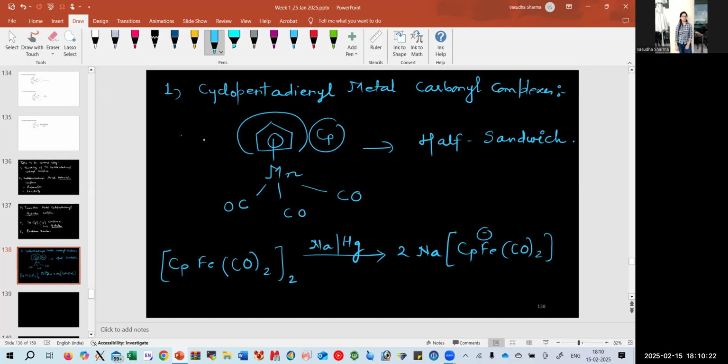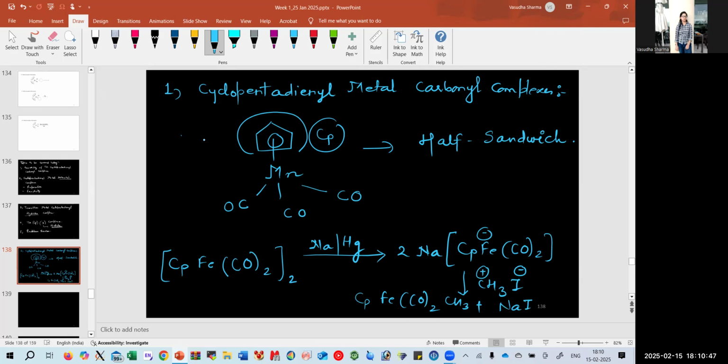Since the minus charge is there, now we are treating it with CH3I, meaning CH3 would have a positive charge and iodine is having a negative charge. Since it has a negative charge, it would attack your methyl group, and therefore it would have CP, Fe, CO twice, and CH3, and your iodine would bind with the sodium, making sodium iodide.